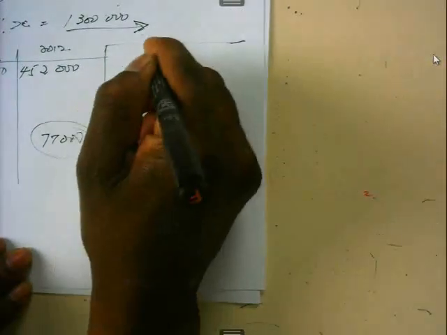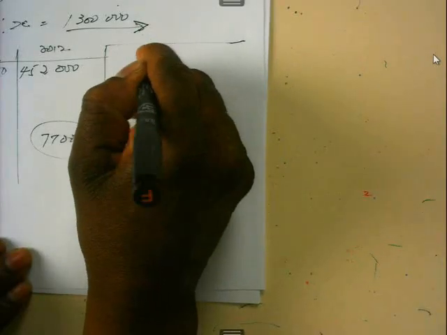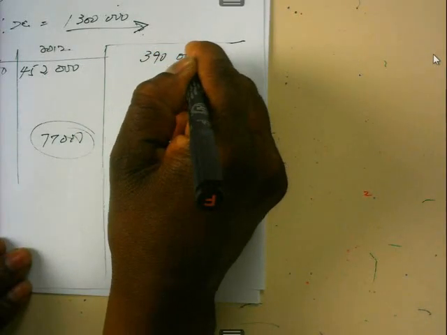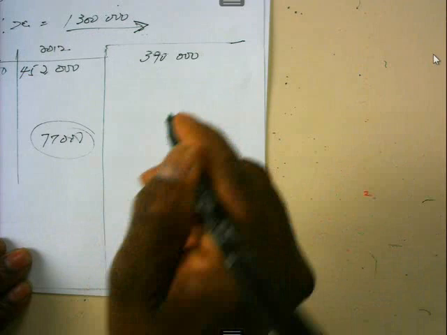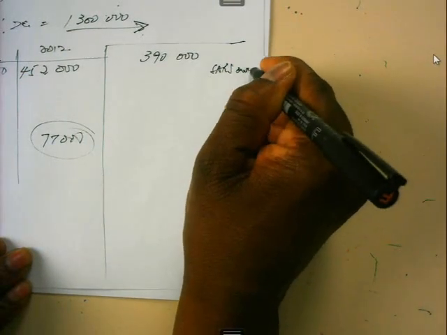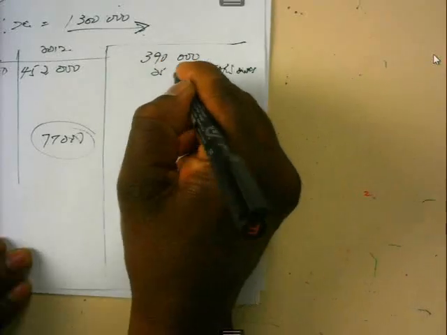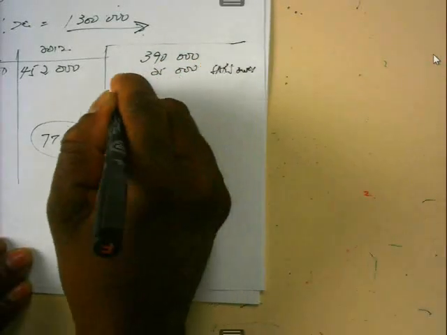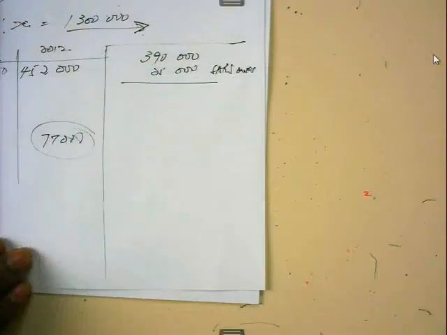Look, tax calculation is 390. SARS owes you 25,000. To square up your debt with SARS, how much are you supposed to pay?